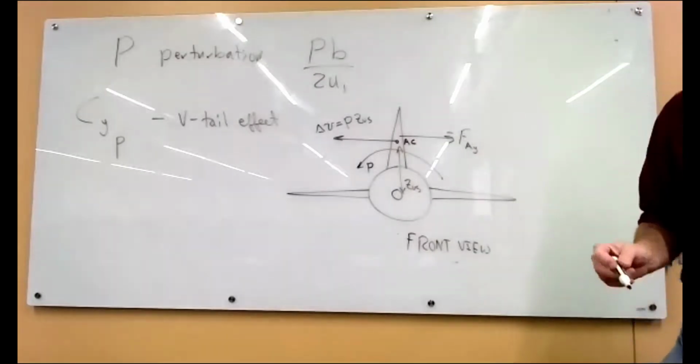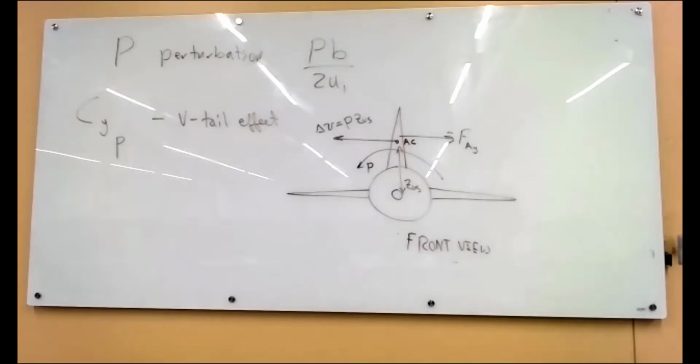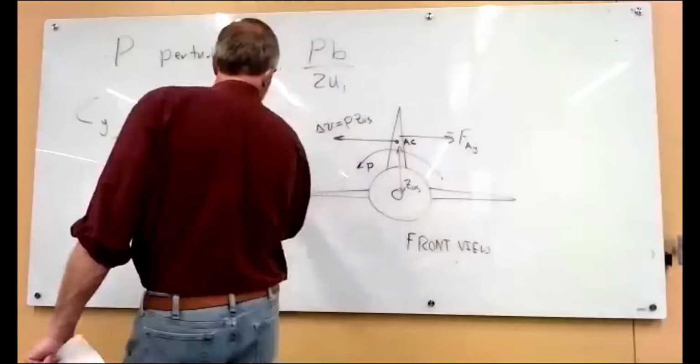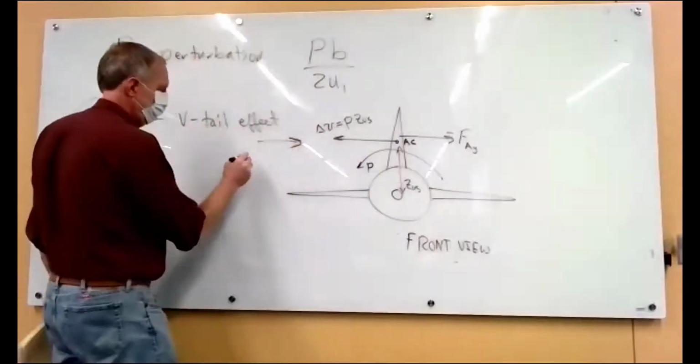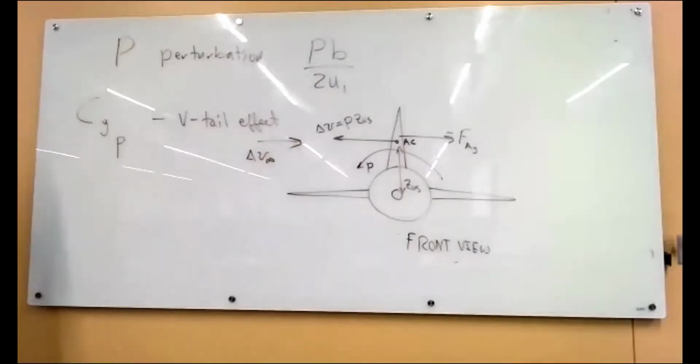Yeah, the vertical tail is moving that way. So then there's a relative wind coming in this way. Call it delta V infinity coming in that way.